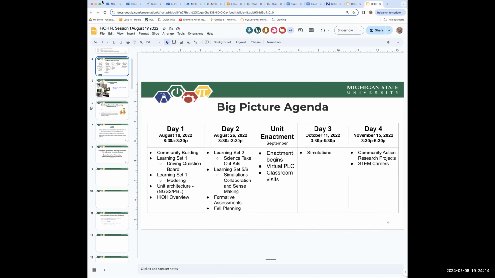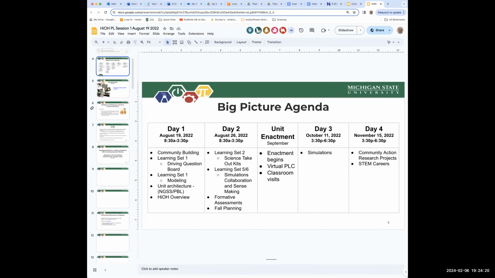So day 3 is after they've done usually learning sets 1, 2, and 3, and the focus is on simulations. And then day 4 is usually on the community action research projects, where students are developing their own research.